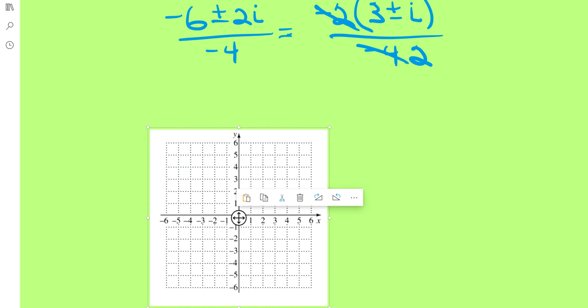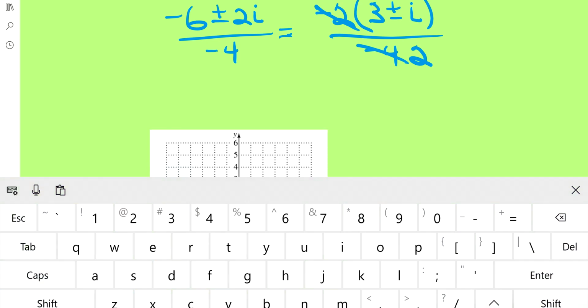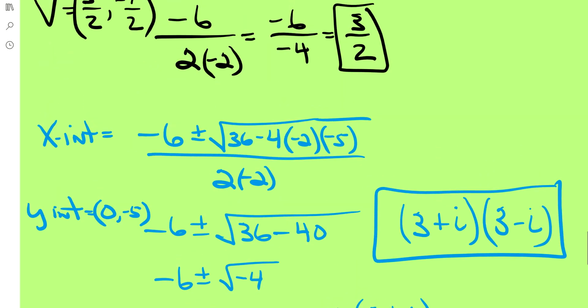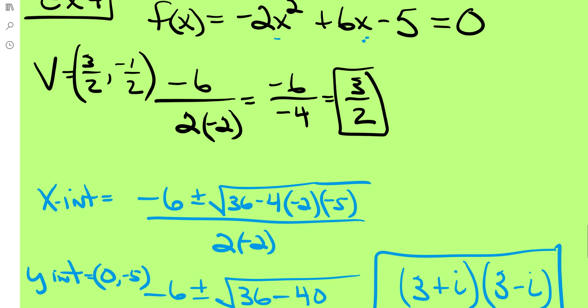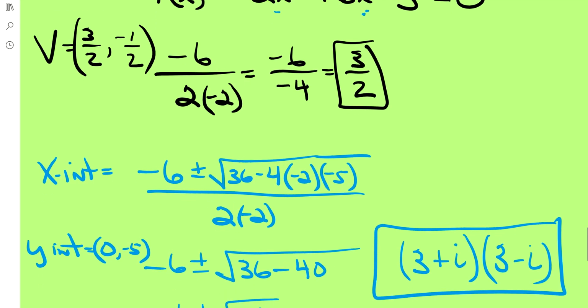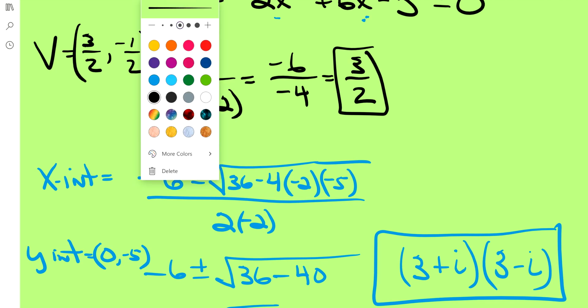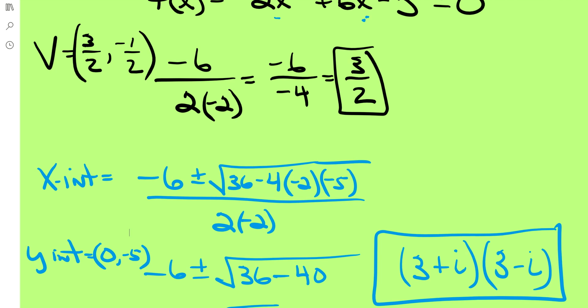So we said originally that the vertex is (3/2, -1/2). Okay, so if that's the case, I want to get that smaller tip on my pen.